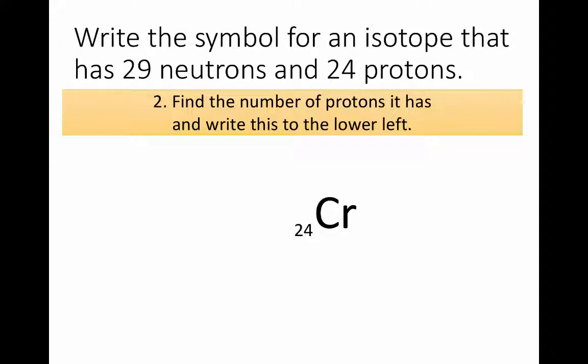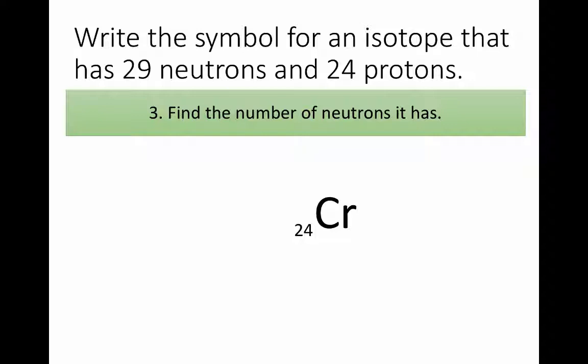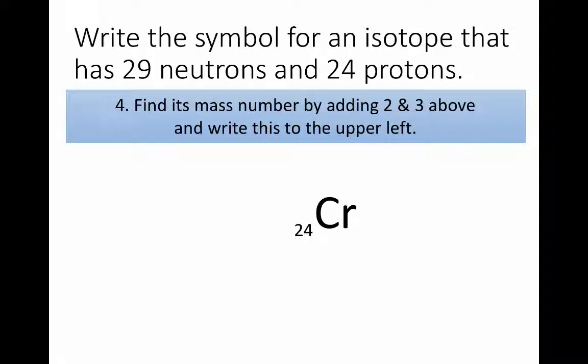Number 3, find the number of neutrons that the isotope has. And again, we're given that. That's easy, 29 neutrons. Let's use that in step 4 to find the mass number for this isotope. We're going to add the number of protons, 24, and the number of neutrons, 29, and so that will give us a total of 53 for our mass number.